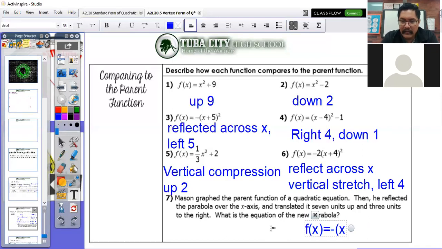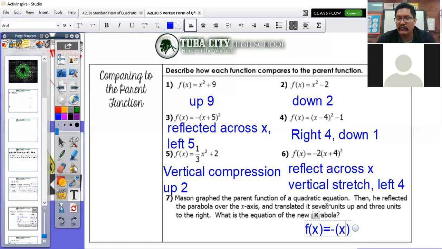And we know that it's moved 3 units to the right. Now this is confusing at first, but this is the only thing, again, you have to watch out for, is that if you look at this one here, right is negative and left is positive. So left 5, plus 5.